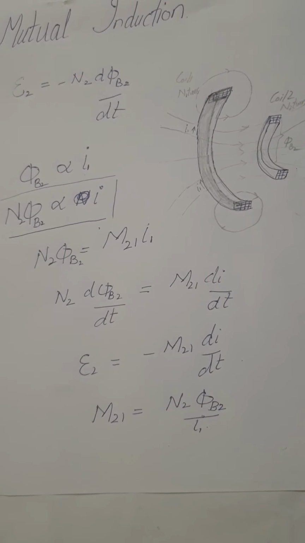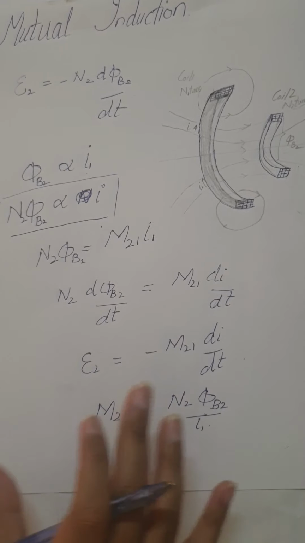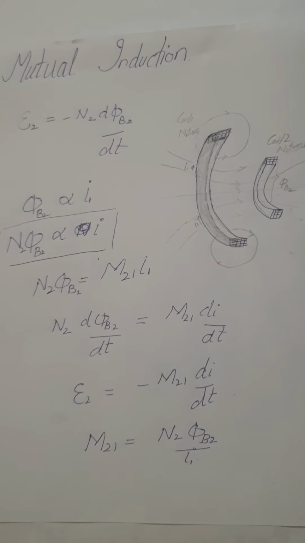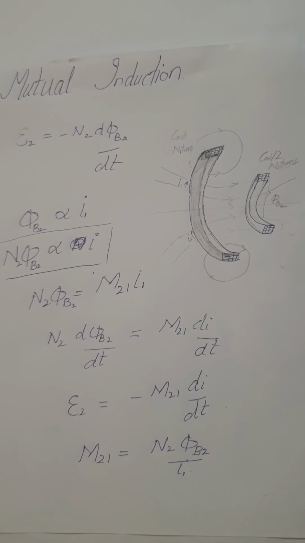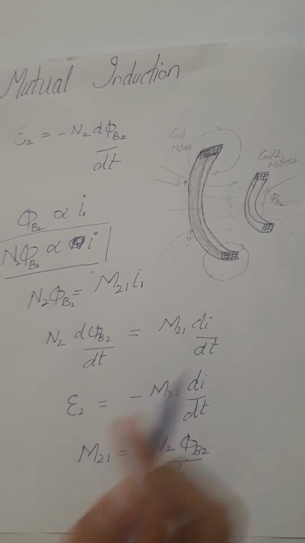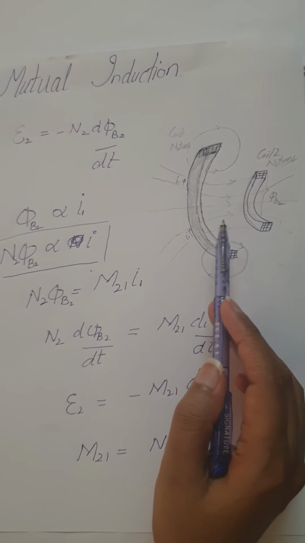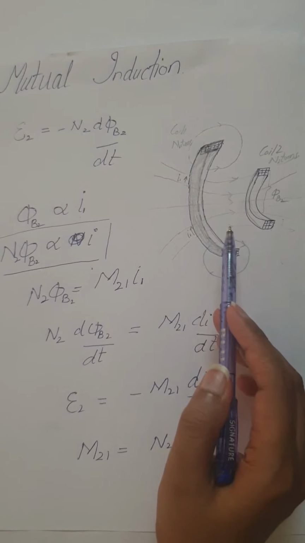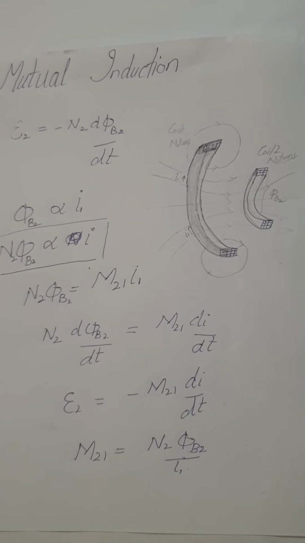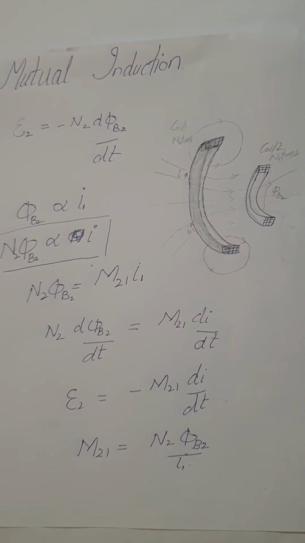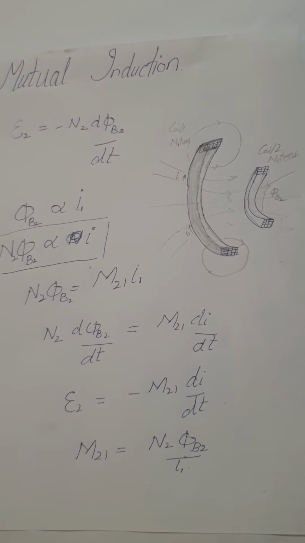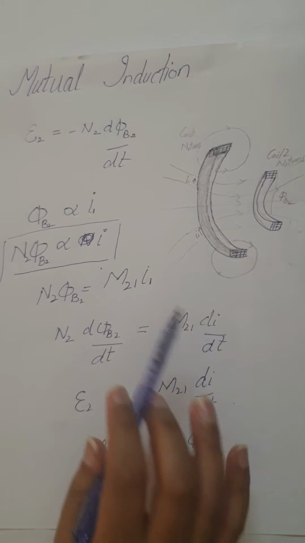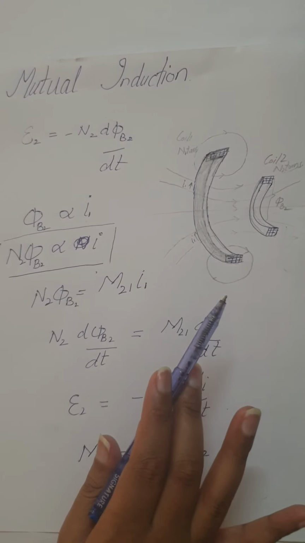Now we can also use the same calculations for the opposite case, in which a changing current I2 in coil 2 causes a changing flux phi B1 and an EMF E1 in coil 1. We may expect that the corresponding M12 would be different from M21, because in general the two coils are not identical and the flux through them is not the same.